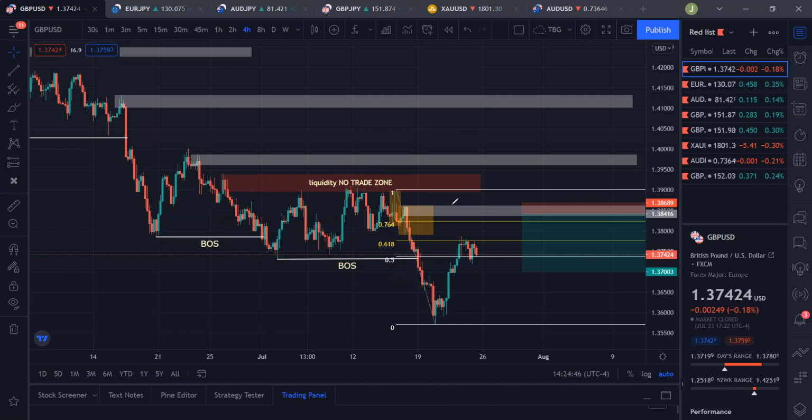So as you can see, I have this order block drawn up, and the reason why I chose this order block right here and not this one right here is simply this: price already came and retested this order block, thus mitigating it.